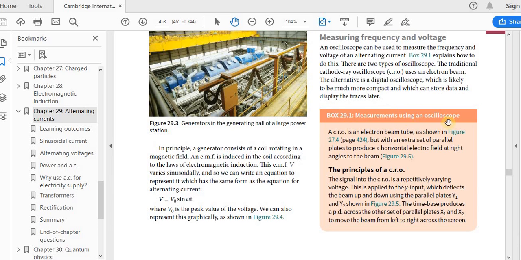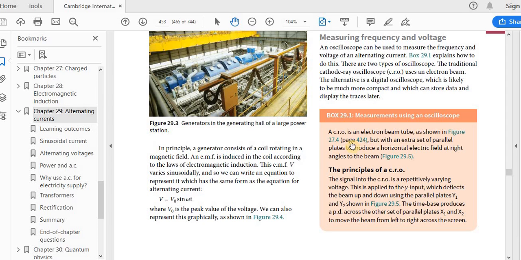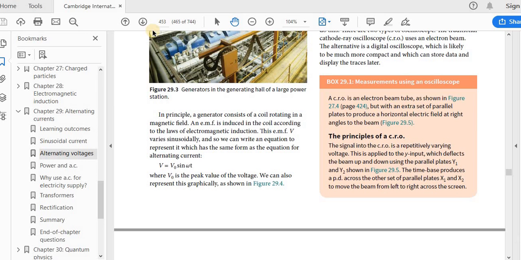Let's learn how to take measurements using an oscilloscope. A c.r.o. is an electron beam tube, cathode ray oscilloscope, electron beam tube, as shown in figure 27.4, page 424. We saw this earlier. Let's anyway have a look at the diagram, page 424.